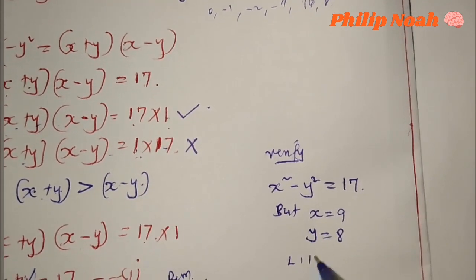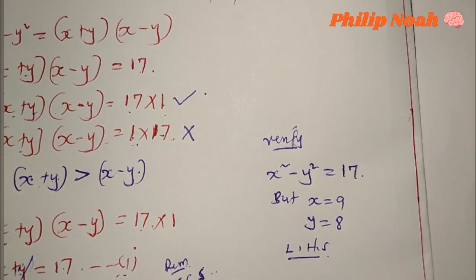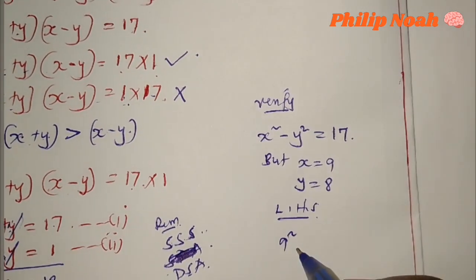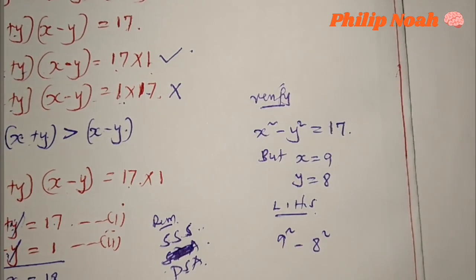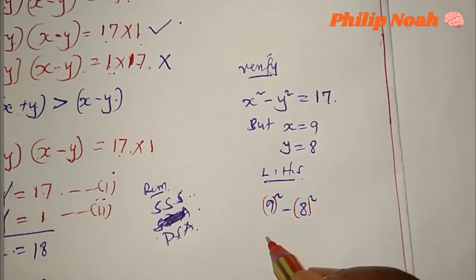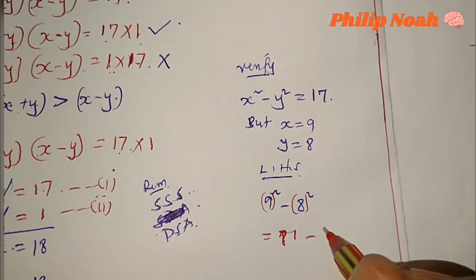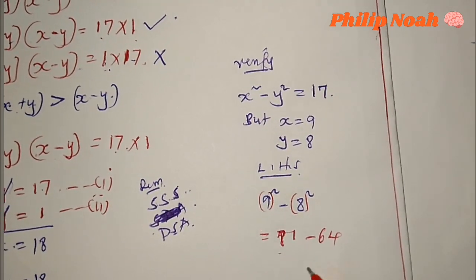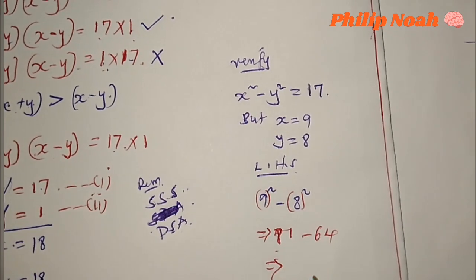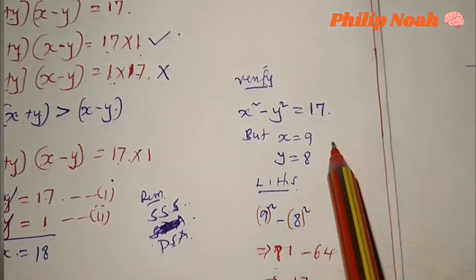Let's see if the left hand side of the equation equals 17. So that is 9 squared minus 8 squared. 9 squared gives us 81. 8 squared gives us 64. 81 minus 64 we get 17. 17 is equal to 17.